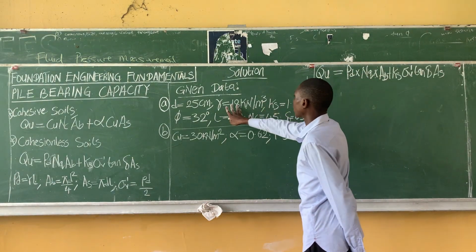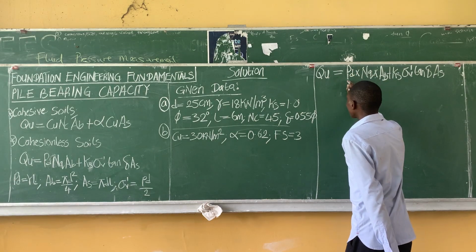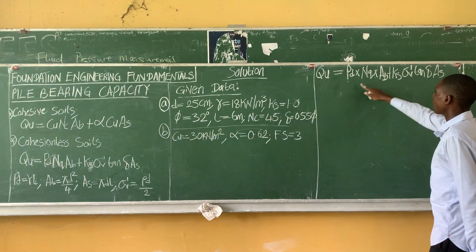From the given parameters, we don't have some of these terms, so our first task is to determine the unknown parameters in this equation.